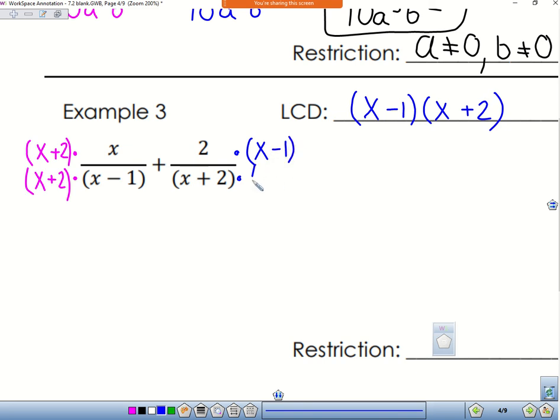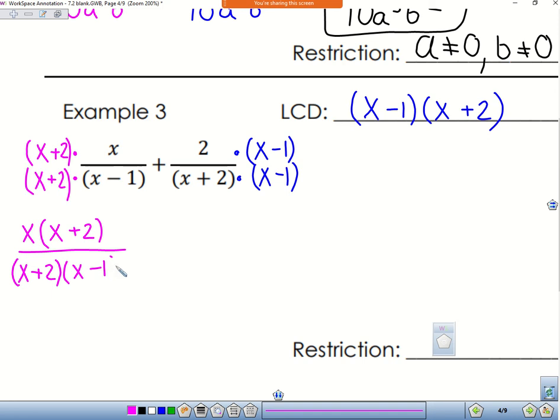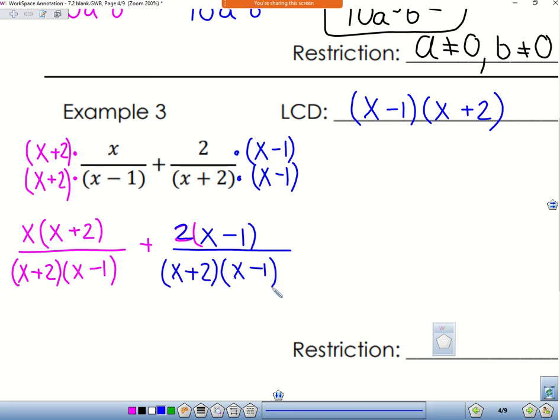So the goal is to get them to have that same denominator. And when I do that, that's going to come out to be x times x plus 2 all over x plus 2 times x minus 1, plus 2 times x minus 1 all over x plus 2 times x minus 1, just like that.